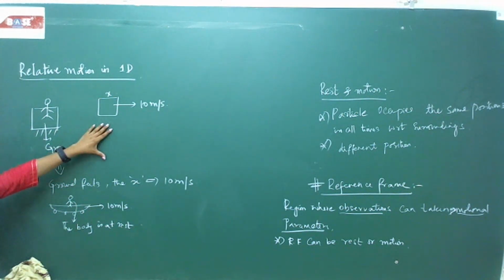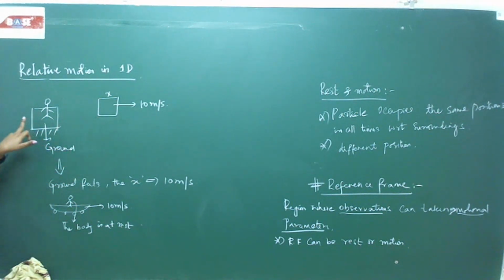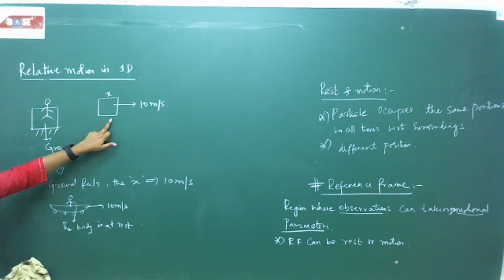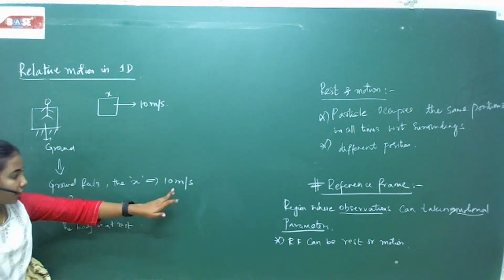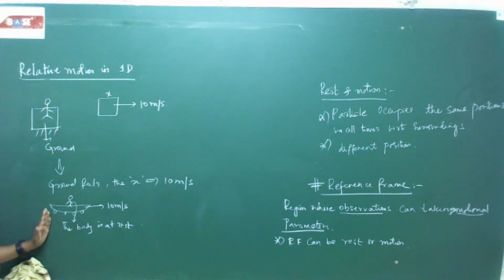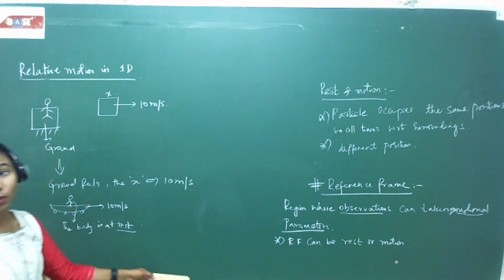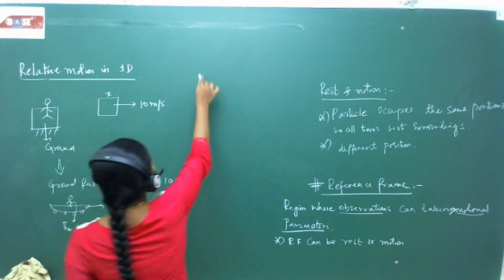But if you measure the same body's velocity with respect to the person who is standing on the ground, he feels that the x is moving at 10 meter per second. If the same person stands on the same object, a trolley which is moving at 10 meter per second, he feels the body is at rest. Correct. So this is another example.